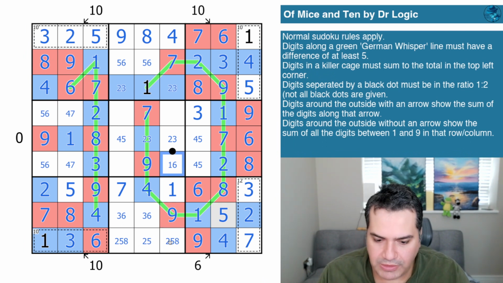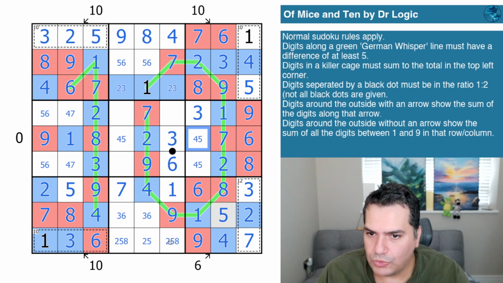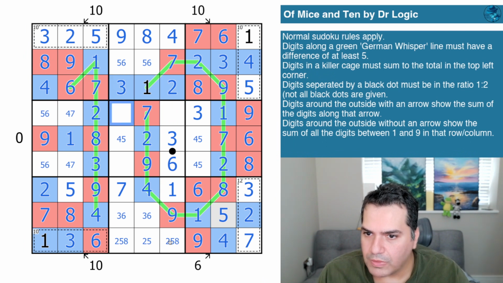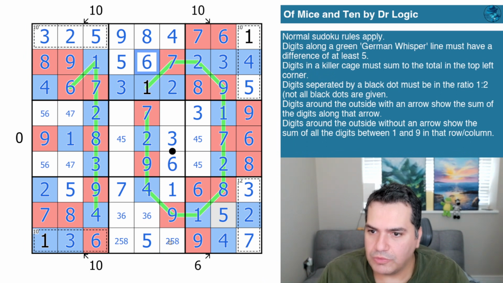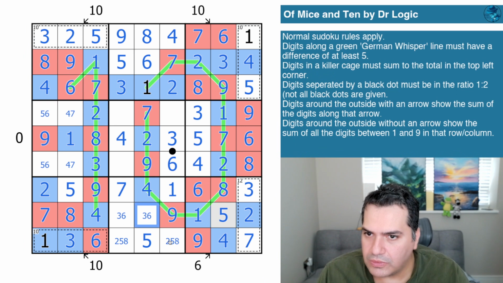This 1 gives me now the 6, the 3, the 2, the 2, the 3, the 5, the 6. I think we're pretty much at the home stretch now. The 4, the 5, the 4, the 3, the 6. This is the 8, the 2.